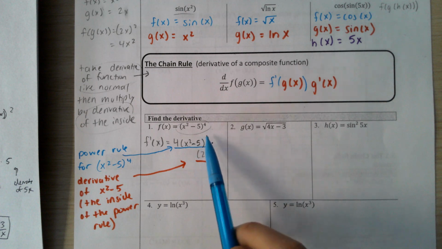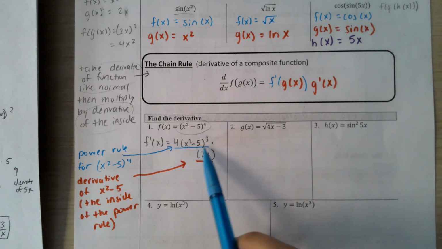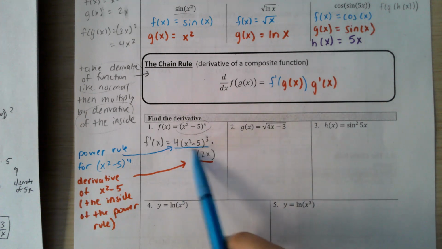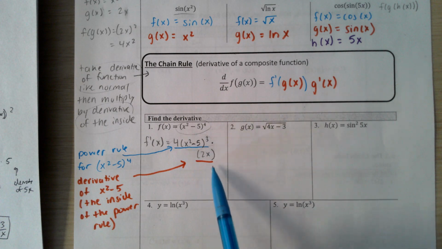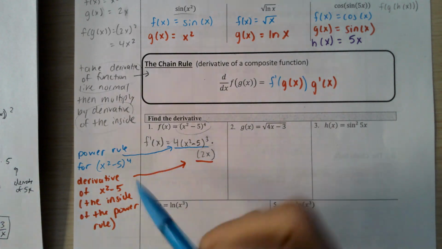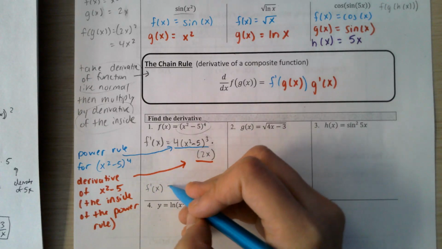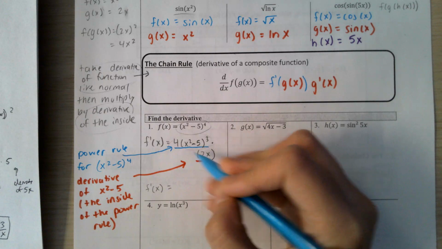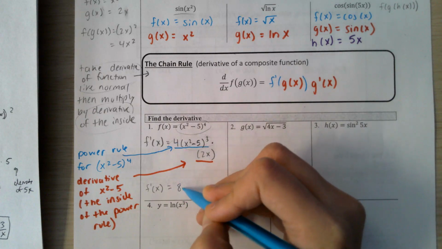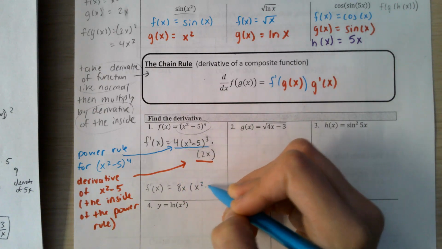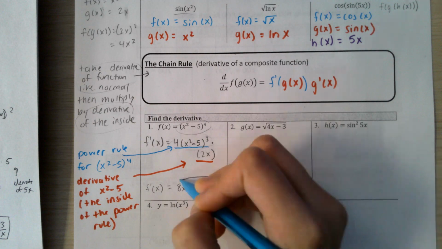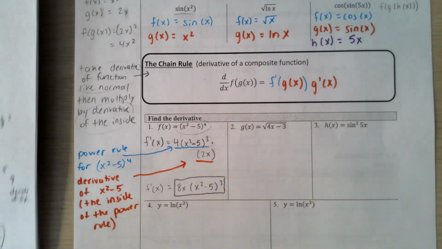So you pretty much do what you know how to do, which is a normal derivative, and then you deal with the inside later by taking the derivative of it and multiplying it. So to simplify f prime of x, we would multiply this 4 times this 2x, 8x times x squared minus 5 to the 3rd. This is probably the simplified version that I'd want.